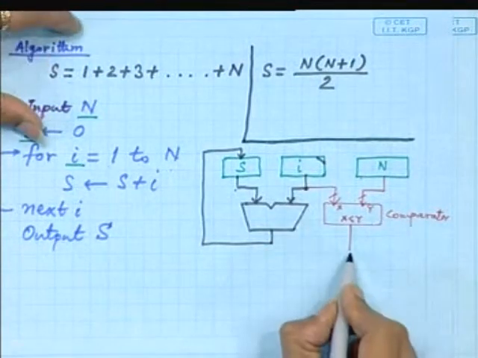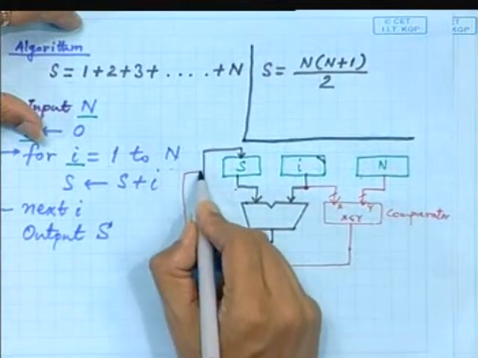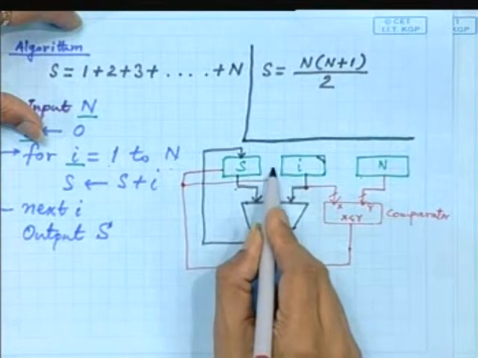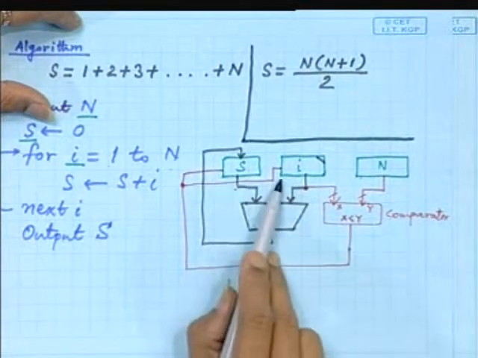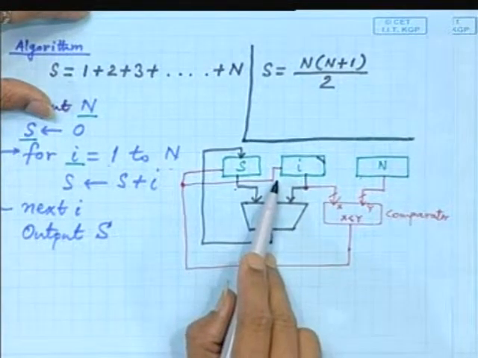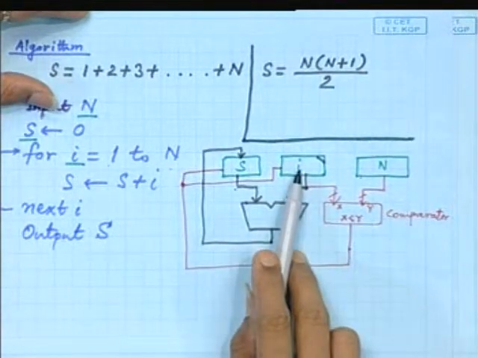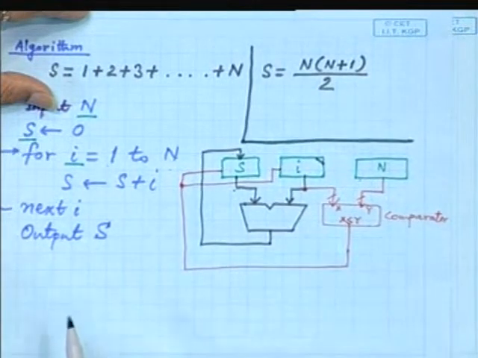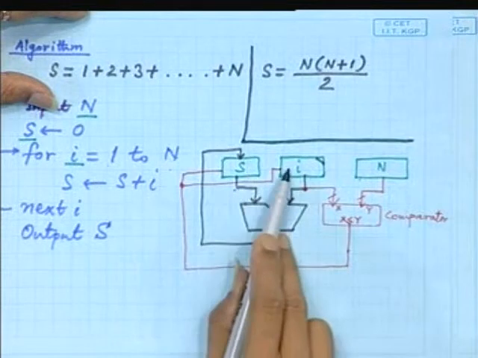So maybe if we connect something like this, it will enable this register as well as this counter, so that as long as this is more than this, it is enabled. Then what will happen when i is equal to n? Possibly it will not give the proper output. So we have to include the equal option also here, that as long as it is greater than or equal to, you keep this on.